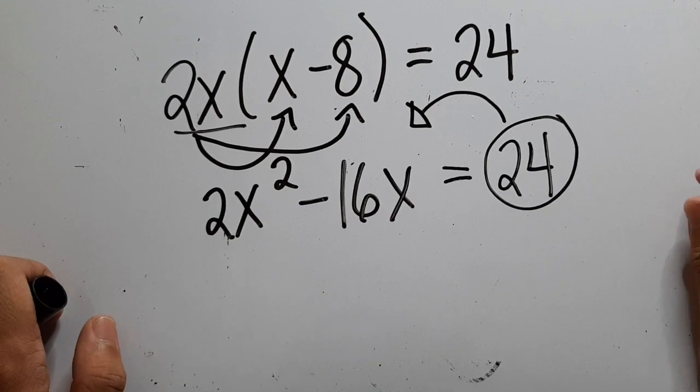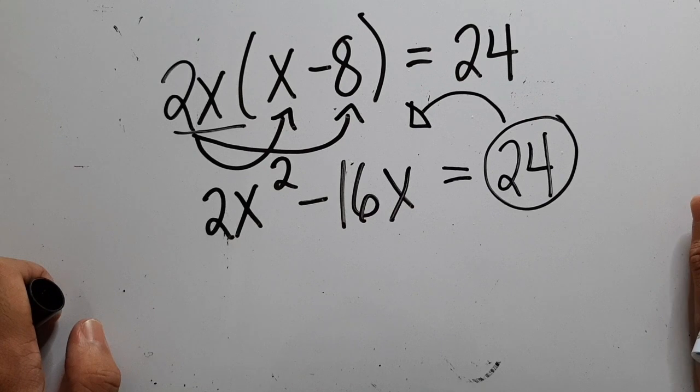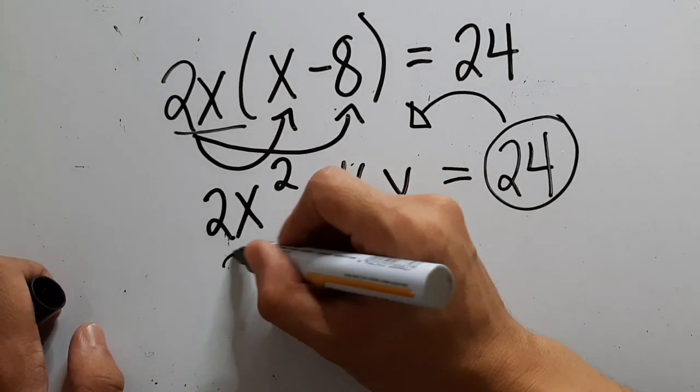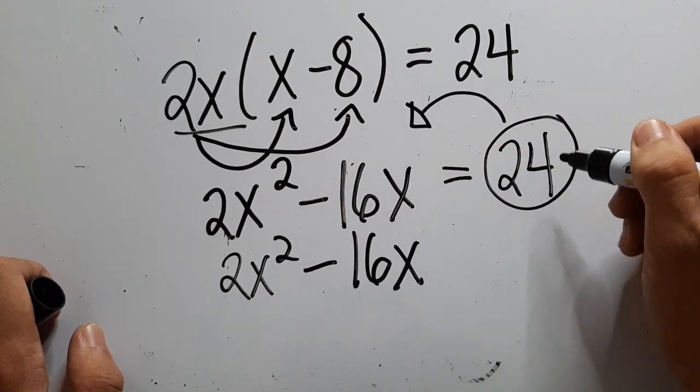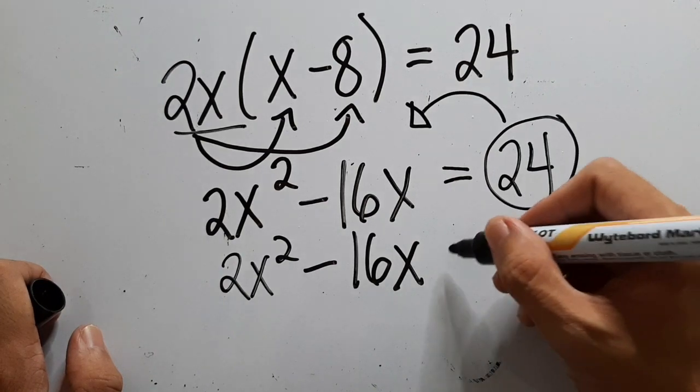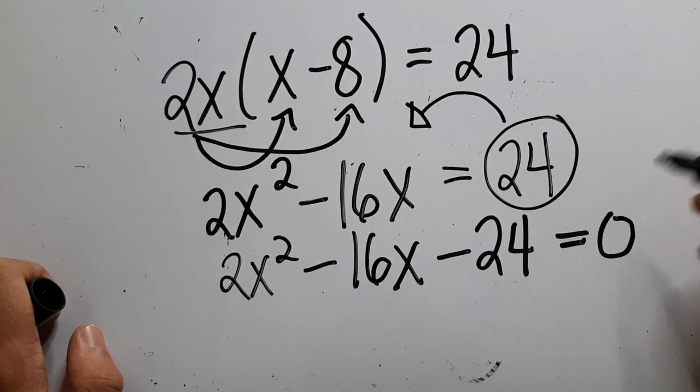So, pag any number na nililipat natin sa boundary or equal sign, napapalitan ang kanyang value or napapalitan ang kanyang sign. So, we have 2x squared minus 16x. Si 24, kapag nilipat sa kabila, magiging negative 24 equals 0.